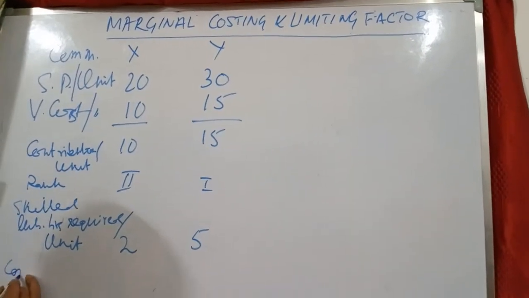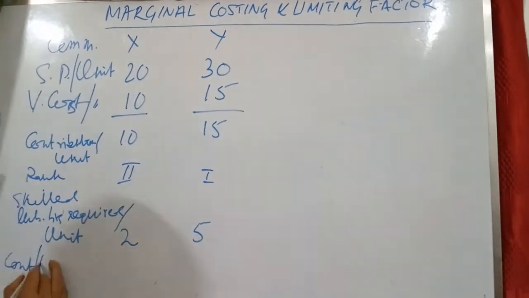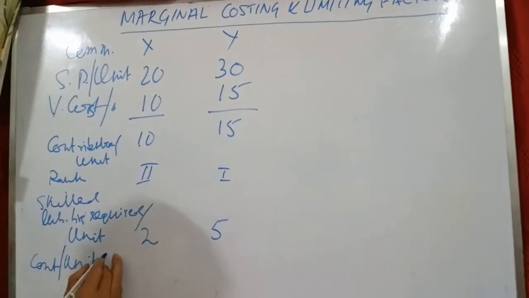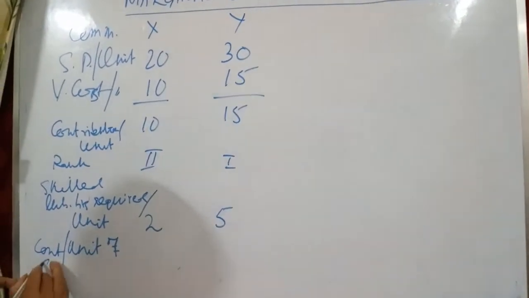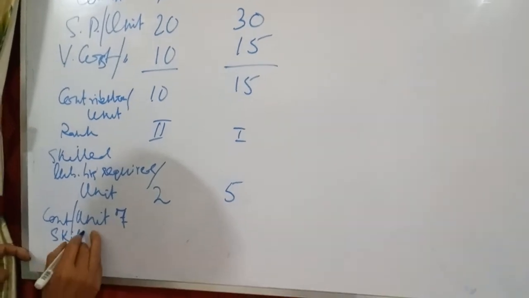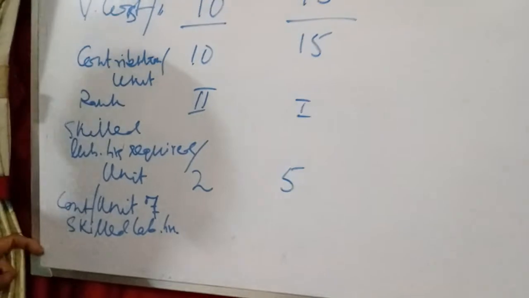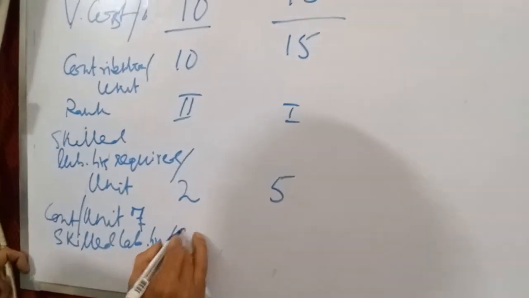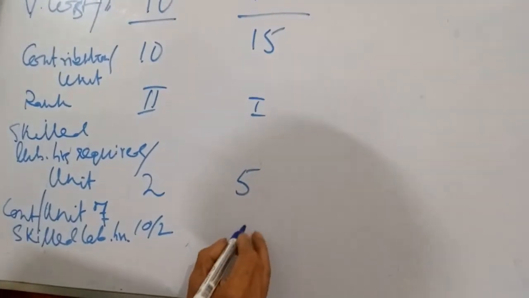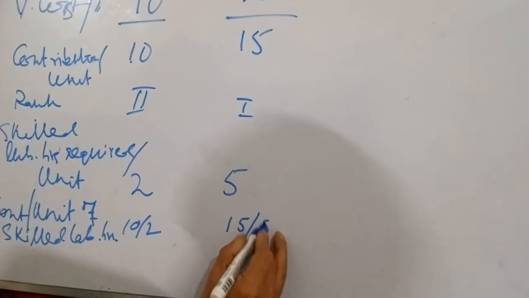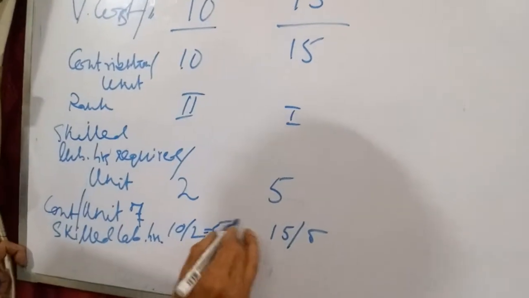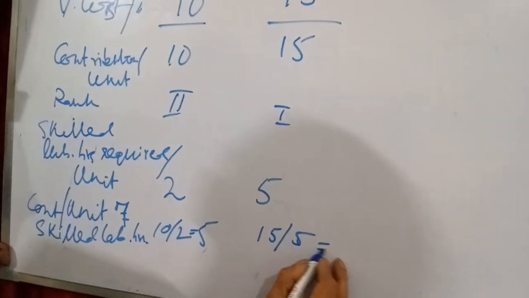So contribution per unit of skilled labor hours, here it is 10 by 2, here it is 15 by 5, that is equal to 5 and this is equal to 3.